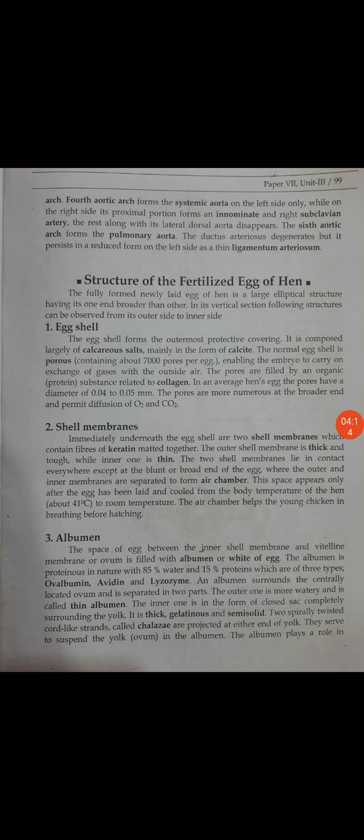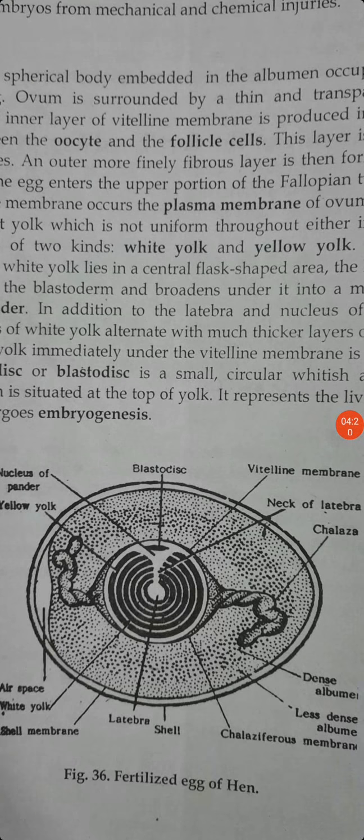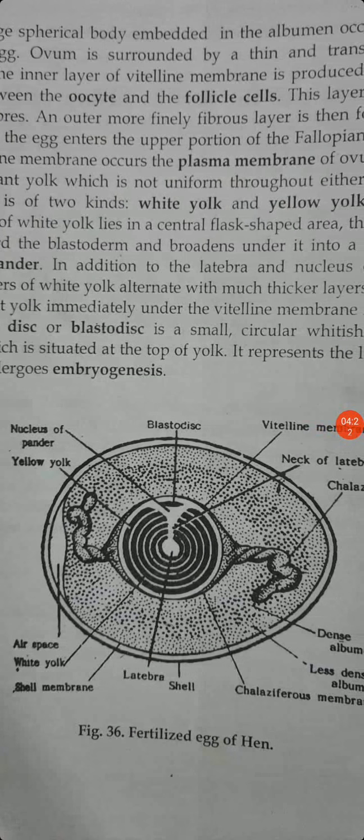So the albumin surrounds the centrally located ovum and is separated in two parts. See the picture. Now the outer one is more watery and is called thin albumin. The inner one forms a closed sac completely surrounding the yolk.